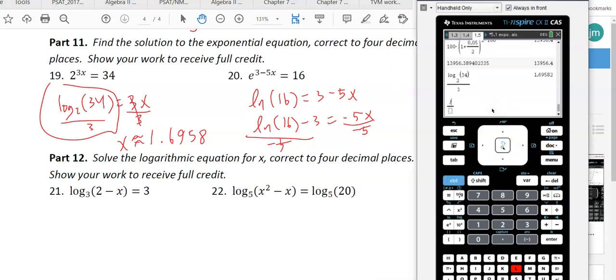So natural log of 16 minus 3 outside the parentheses over 5. I probably Control Enter. So that would be x is approximately equal to 0.0455.